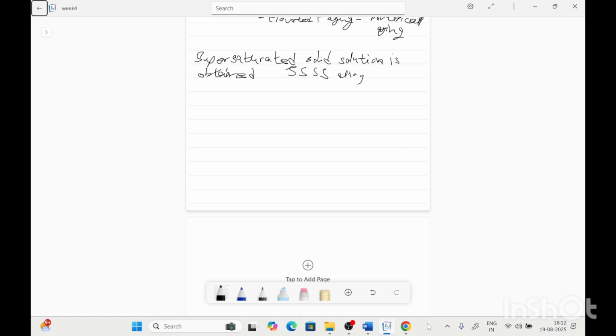That is known as the alloy temper designation, which gives the temper name and the condition.